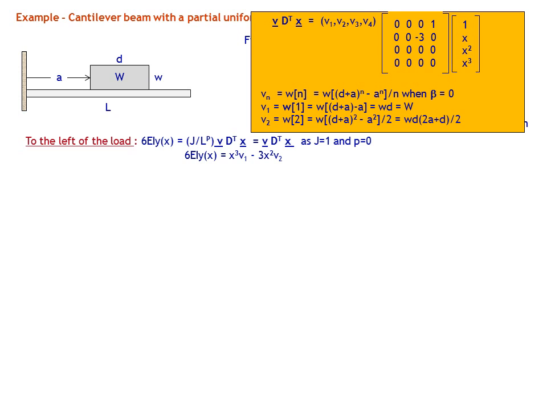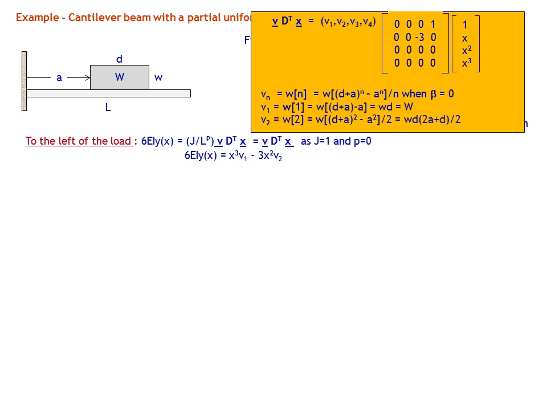From the equation for Vn, we see that v1 is equal to w square bracket 1, which is just equal to wd, which is the total weight of the load, big W. Note that this is always the case, that V1 is equal to the weight of the load.